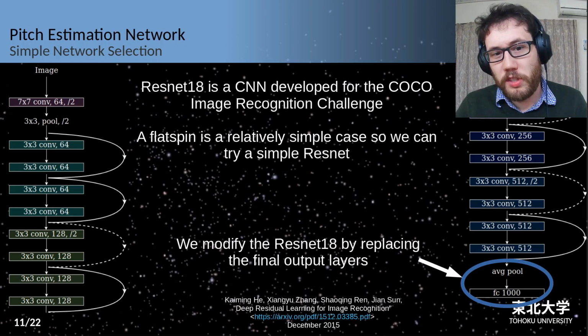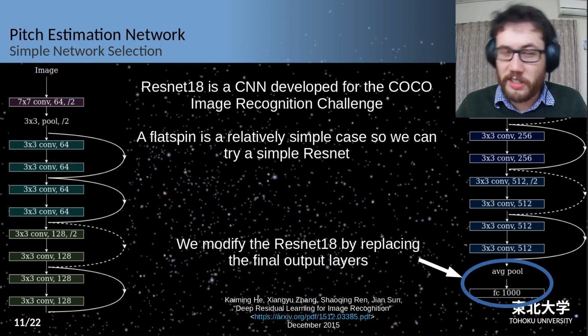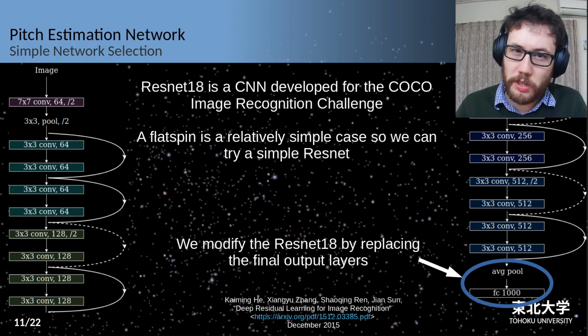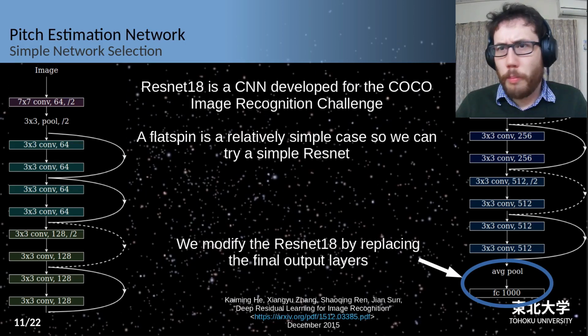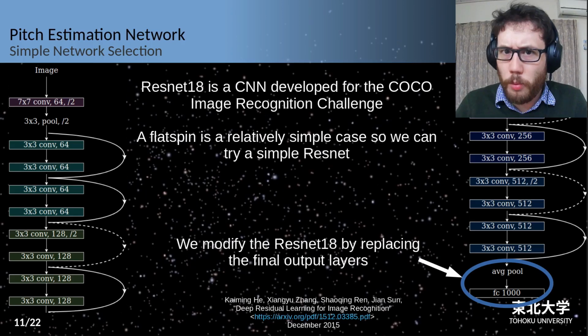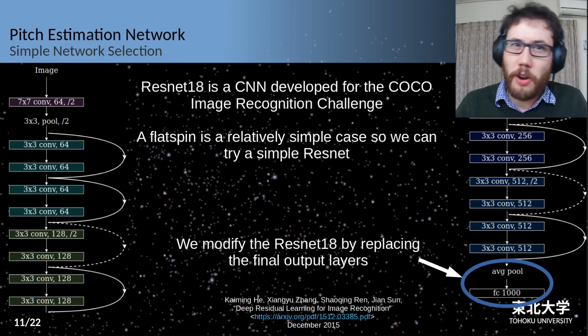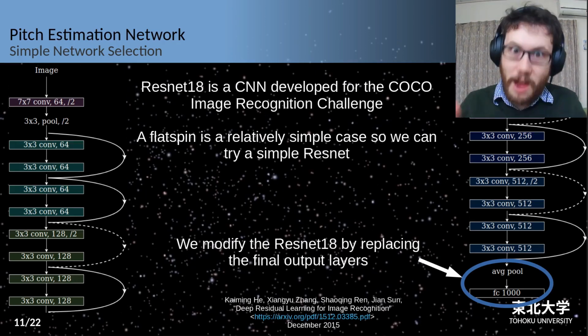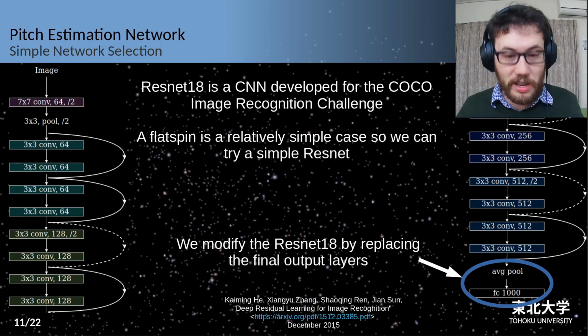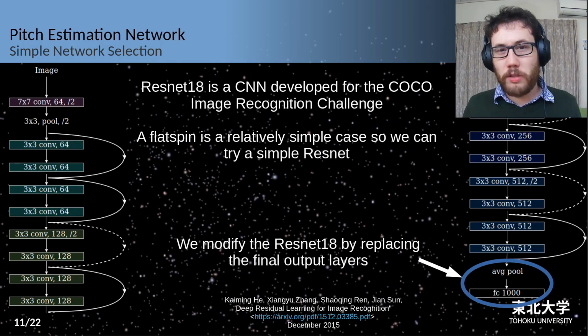Because this network was designed for image recognition, it's a very different type of problem than pose estimation. So one might ask, well, why don't we use a pose estimation network, one that was designed for pose estimation? And there aren't so many. The truth is there's a lot more researchers working on image classification and a lot of effort going into it and a lot of different data sets than there are for spacecraft pose estimation or even pose estimation in general.